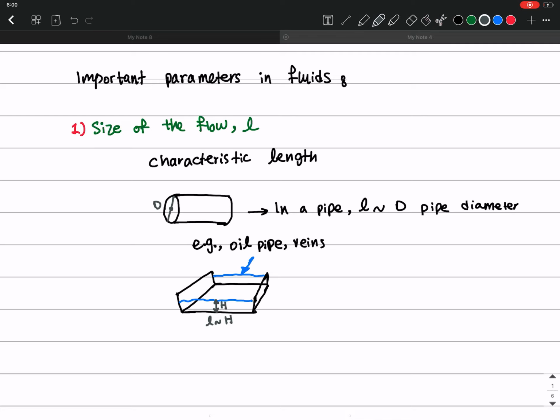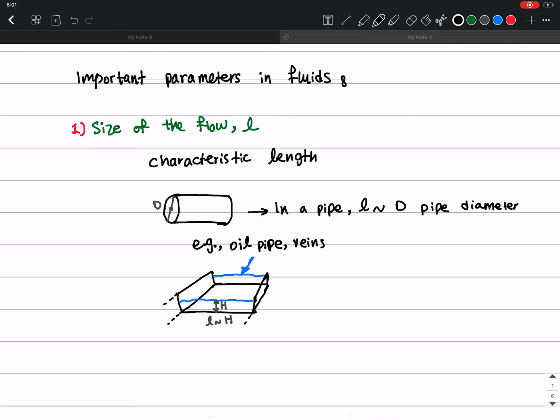This can be continuous, like a channel flow that we will investigate later. This is just an example to show what the size of the flow is.